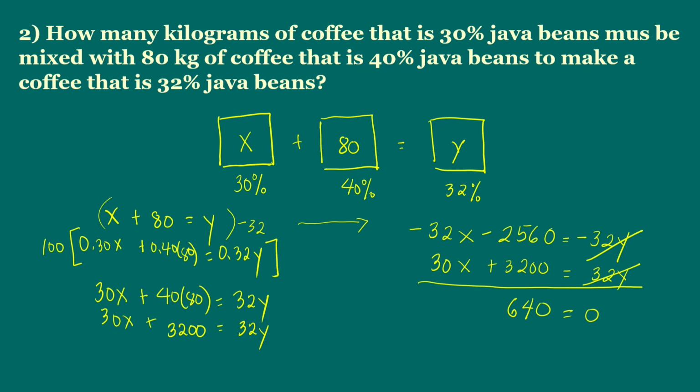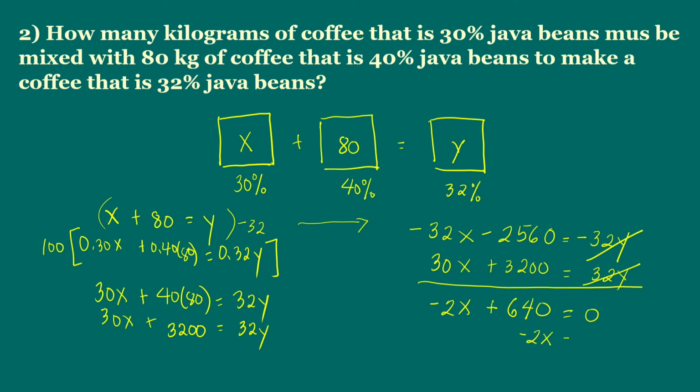And then negative 32x and positive 30, combining these two, we have negative 2x. Alright? And then solving for x here, we can transpose 640 to the right side.